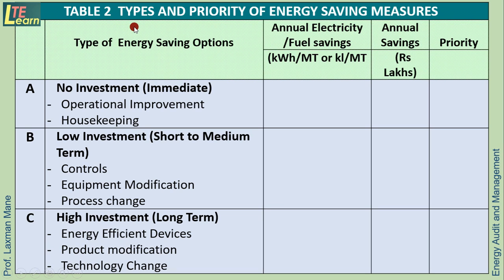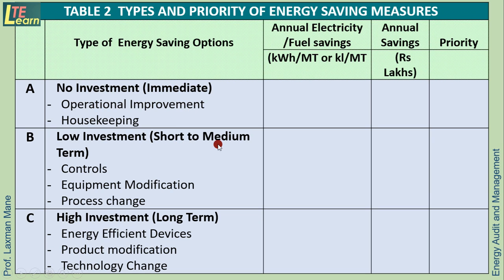Table 2 is of types and priority of energy saving measures. So here are the priorities in 3 parts or 3 steps. First is no investment, second is low investment, and the third is high investment. So no investment is an immediate step, in that operational improvement and housekeeping comes.